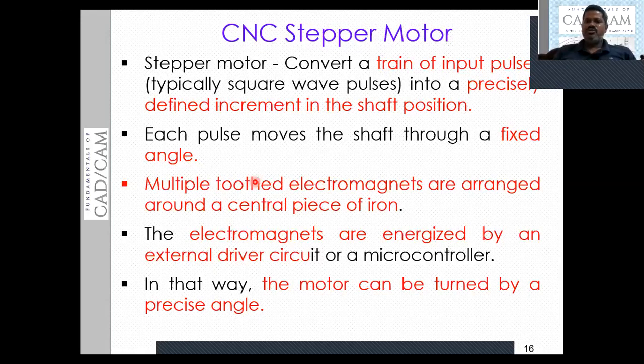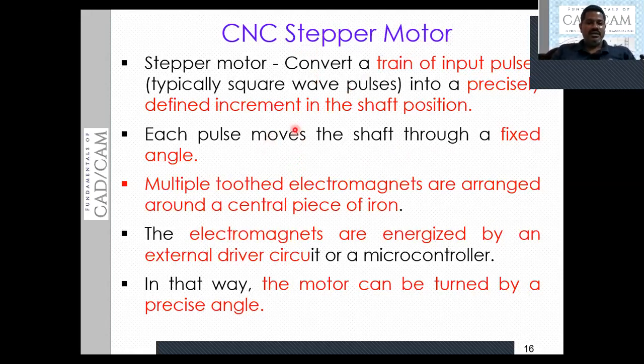So each pulse moves the shaft to a fixed angle. As I said, the movement of the shaft will be controlled by using the pulse signal. So each pulse has a definite movement. Each pulse is going to move the shaft to a fixed angle of rotation, so that the control is exact in the case of the stepper motor when you compare with the servo motor, because we are giving the pulse signal.